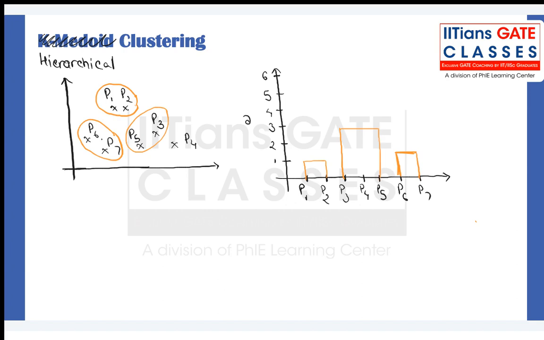In the second iteration, you will try to include some more points. What you will do is see that if I consider P4 as well in this cluster, then this can be a three element cluster.